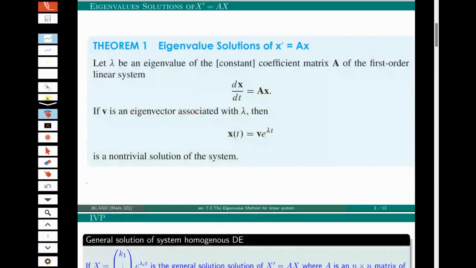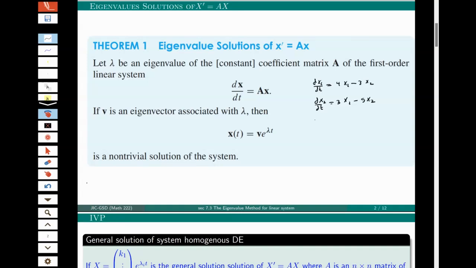First of all, what's our linear system? If we have a system of equations like dx1 with respect to t is equal to, let's say, 4x1 minus 3x2, and dx2 with respect to t is, let's say, 3x1 minus 5x2.